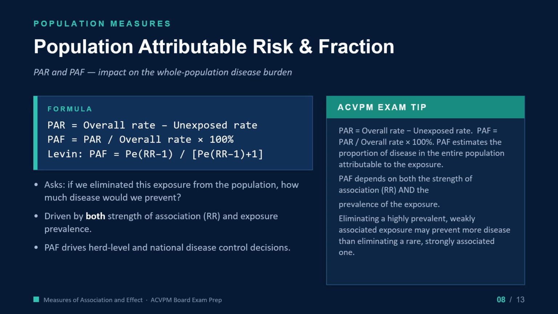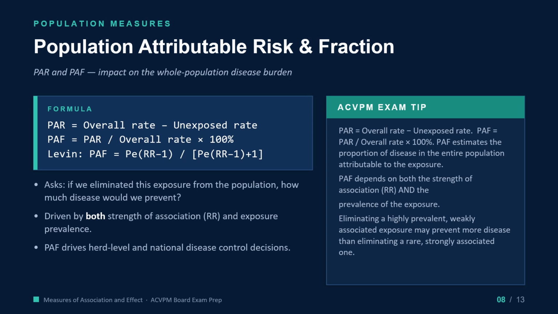Here's a key insight. A highly prevalent but weakly associated exposure can have a higher PAF than a rare but strongly associated exposure. This is why routine vaccination for common pathogens, even with modest efficacy, can have outsized population impact. PAF is the measure that drives herd level and national disease control decisions.